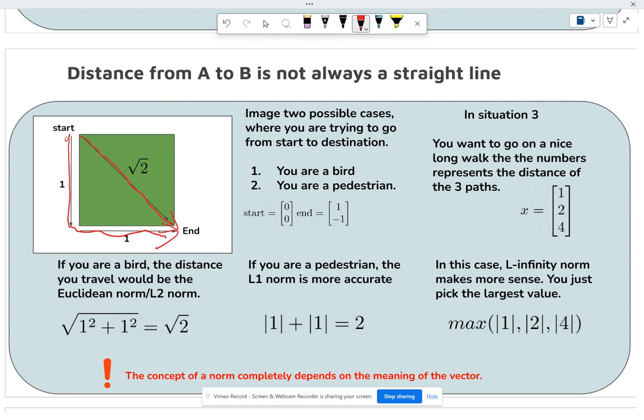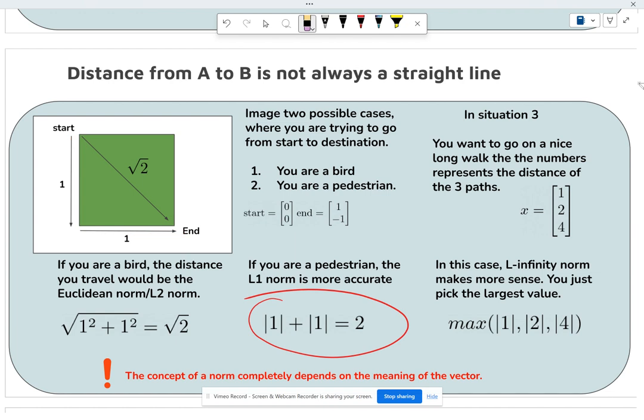Therefore, both the pedestrian and the bird start from the same location and end at the same location. But the distance they travel is actually different. A bird will travel this distance, square root of 2, which is the hypotenuse. But a pedestrian will travel 1 plus 1, which is equal to 2. Okay.